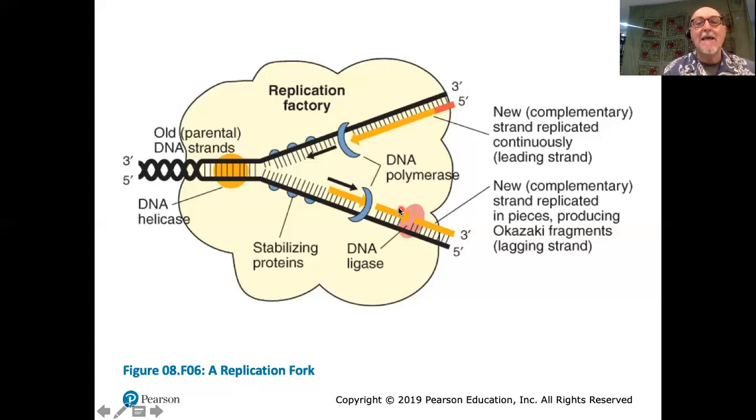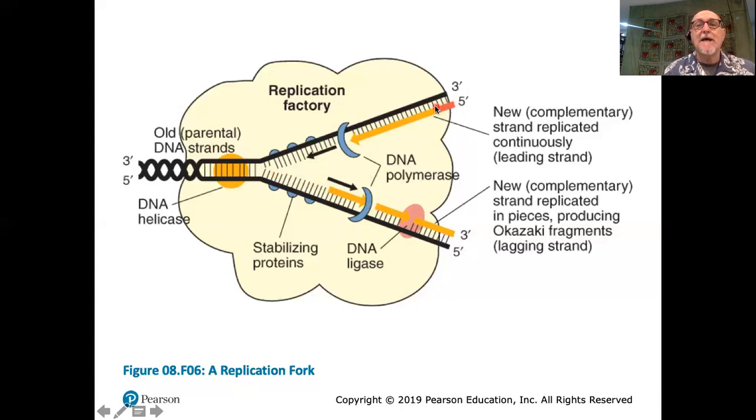So DNA ligase heals up all of the breaks or nicks in this strand, and the combined action of this DNA polymerase and the ligase is to create a single strand of DNA. A similar process happens here.